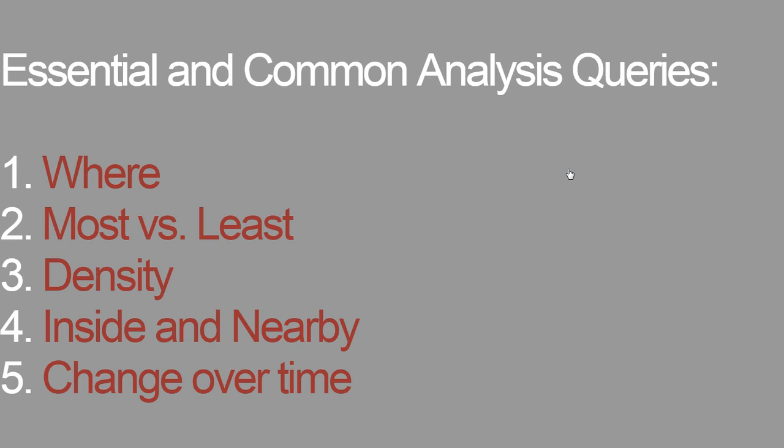We want to know where the most dense of some thematic is located. We oftentimes want to know the inside and the nearby in terms of distance from features. And we also want to know change over time. How are landscape features changing from one year to another year, from one month to another month, from one week to another week?